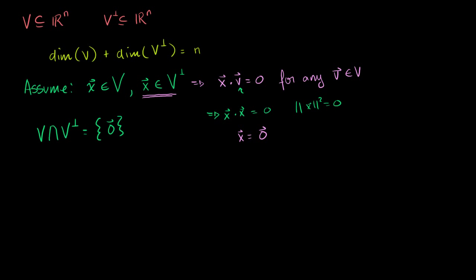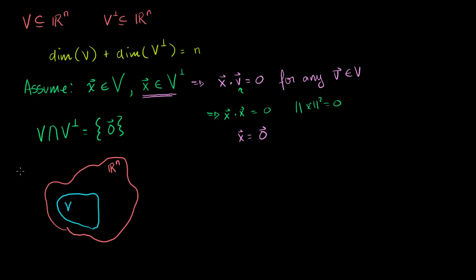So if I were to draw all of Rn like this, let's say that this is Rn. And let's say I draw the subspace V. Let's say it looks like this. This is V, my subspace V. And let's say I draw the orthogonal complement to V. Let's say it's all of these vectors right here. This is V perp.